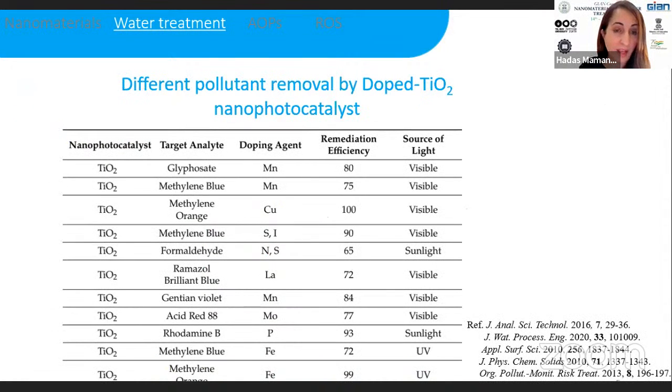Now, if we look at the different pollutants removed, for example, by doped titanium dioxide, there could be various doping agents. And the idea of doping the catalyst is that we can also use higher wavelengths, which are of course less expensive. So we can dope titanium dioxide and move from 365 nanometers even to the visible range, okay? And therefore we can see that with many doped nanophotocatalysts, we can use a visible light source or sunlight. So this is also very important.